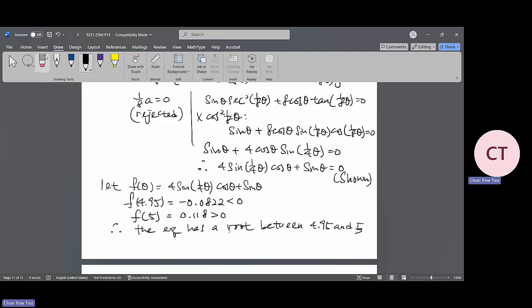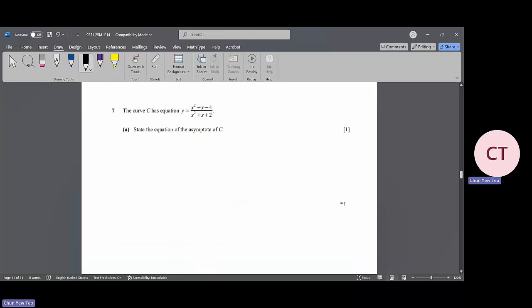Okay, this is how you show it. So this is the answer for question number 6C. Moving on, we have question number 7.